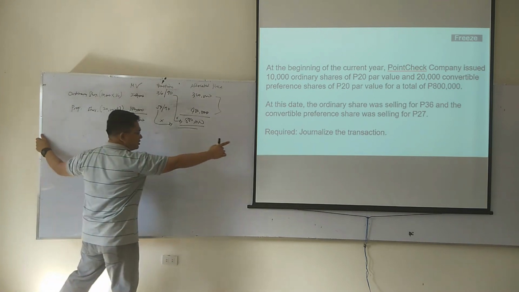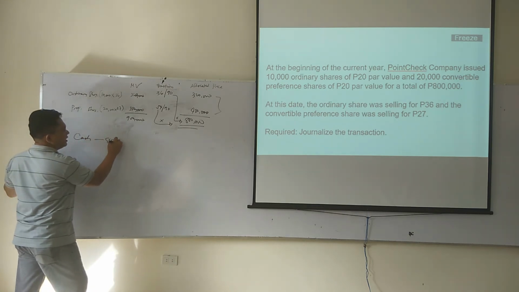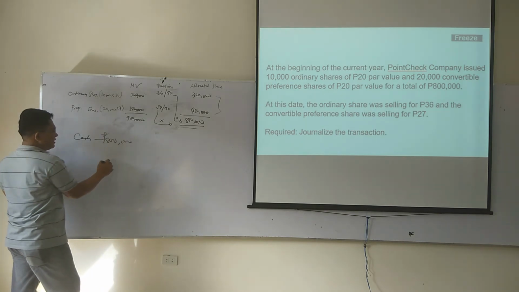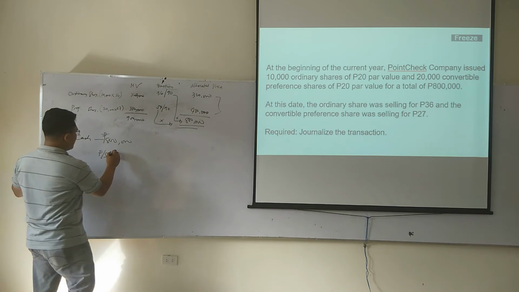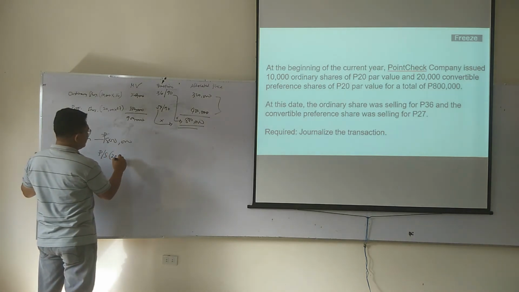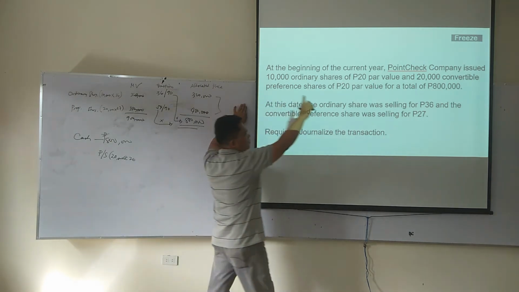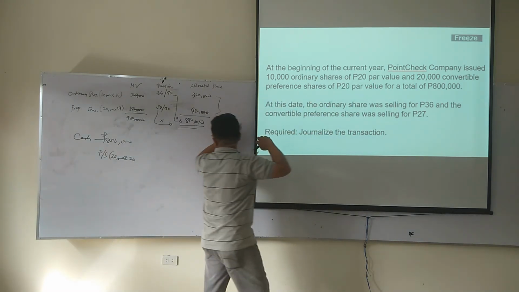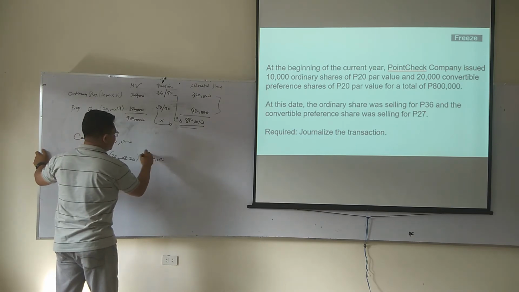So to answer, journalize the transaction. Our entry is debit cash. We received cash 800,000. The total value we received, 800,000. Preference shares always at par. You have 20,000 shares at 20, so you have 400,000.